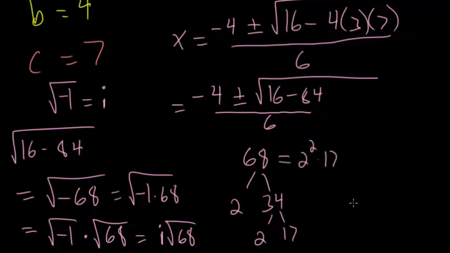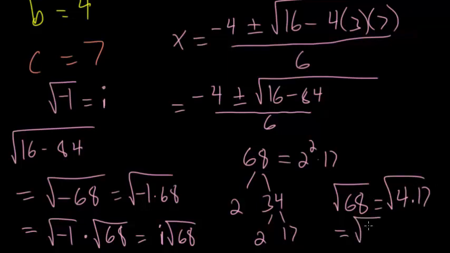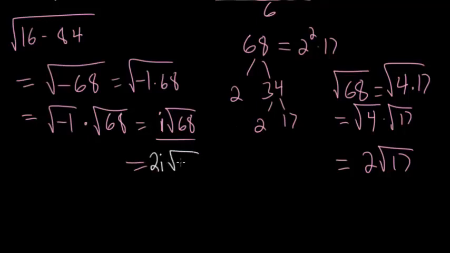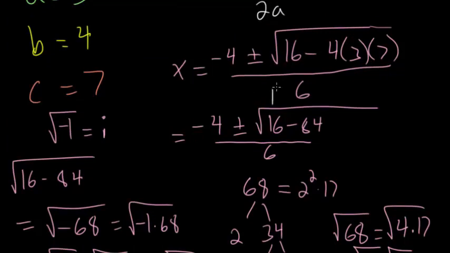So we could simplify this square root of 68 as the square root of 4 times 17, and then we can actually take the square root of 4. Remember, we can break up this product into a product of square roots, and so this just becomes 2 root 17. And so the end result here, this i root 68, becomes i times 2 times the square root of 17.